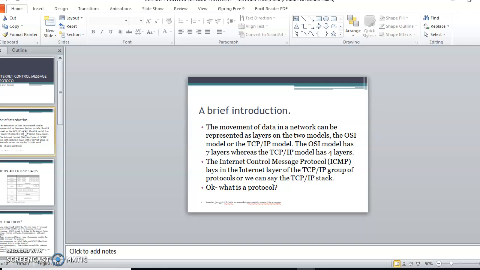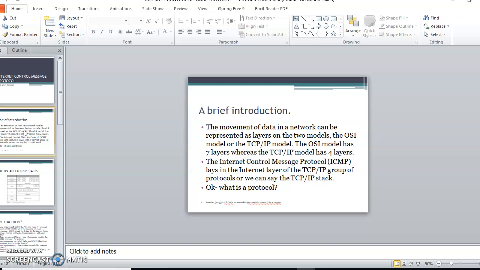In the same way, people must have a set of rules and guidelines that govern their communication, and this is called a language, for example, English. Likewise, computers also require a set of rules and guidelines to govern their communication, which brings about protocols. And of particular interest today is ICMP.